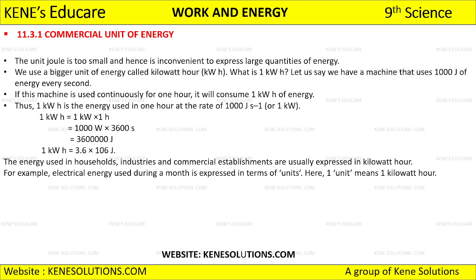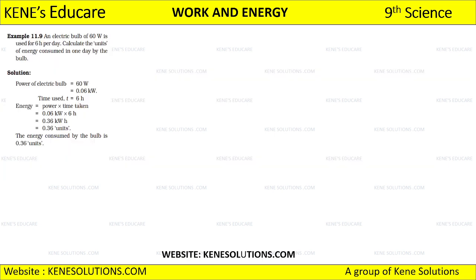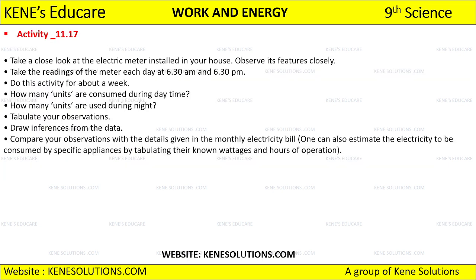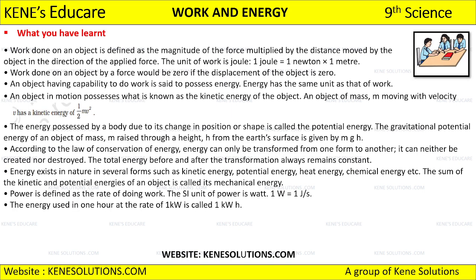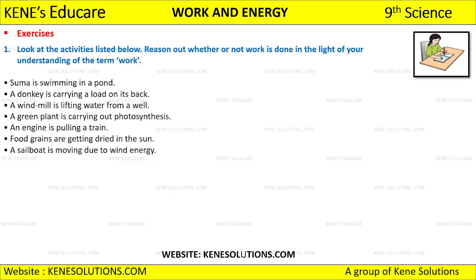We'll discuss this, and this is going to be the last part of the lesson. After this we have the summary discussion, so we'll be doing that as well. And then we have 21 exercise questions to discuss. I'm going to show you the questions one by one, and I want you all to please go through the questions so that it becomes easier for you when we start with it in the next class.